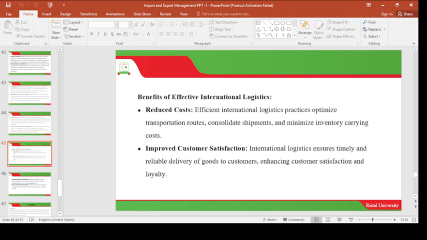Effective international logistics also minimizes inventory carrying costs. These are the costs incurred for keeping or storing inventory or stock.